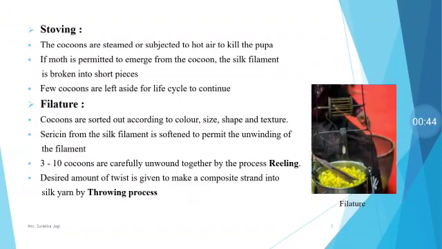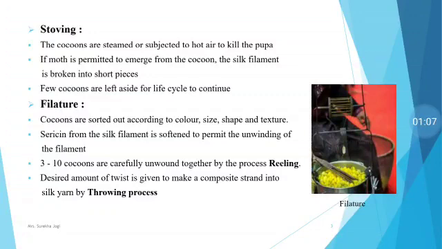Students, in the last video we had completed the 4 stages of silkworm, means eggs, worm, cocoons and moth, and from that we know how silk fiber is obtained from the moth.